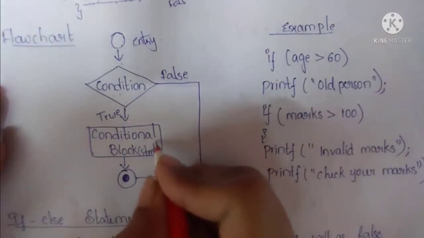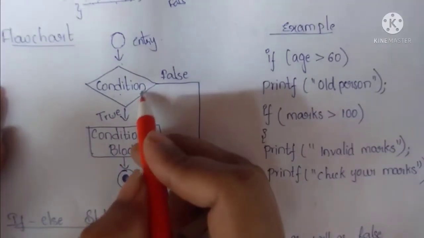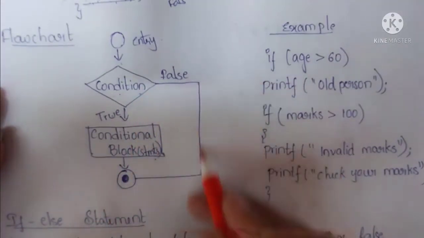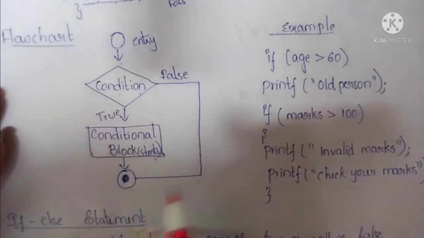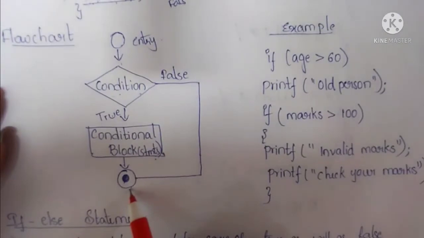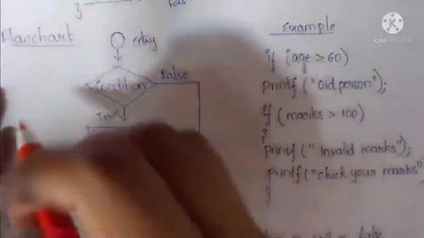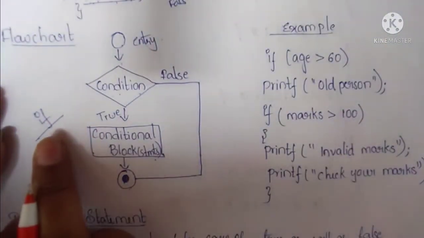If the condition is false, it will terminate from the loop. Okay, this is the end of the loop. This symbol is for the starting of the loop and this symbol is used for the ending of the loop. So this is the flowchart for the if statement.